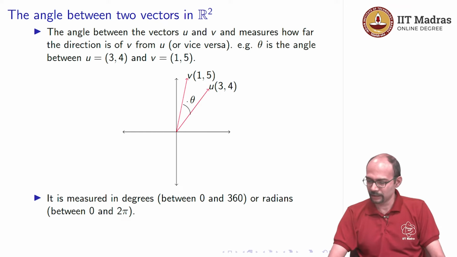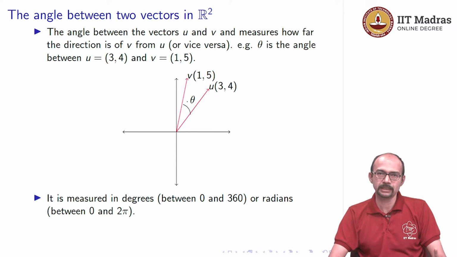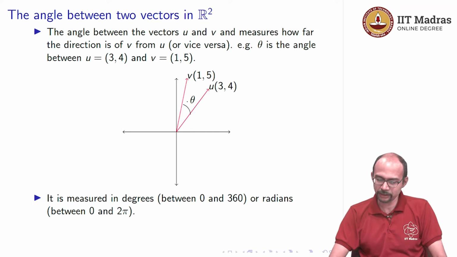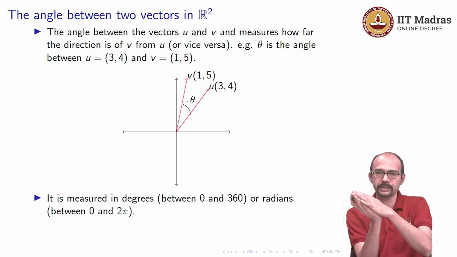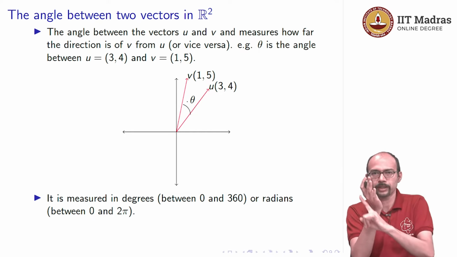Okay. Or it can be measured in terms of radians. Radians has something to do with the length of the arc. So that is measured between 0 and 2 pi. Again 0 is like this, meaning they are the same, and 2 pi is when you go all around and come back.